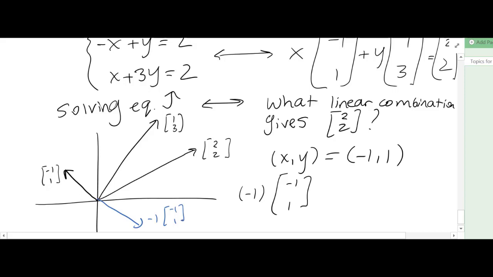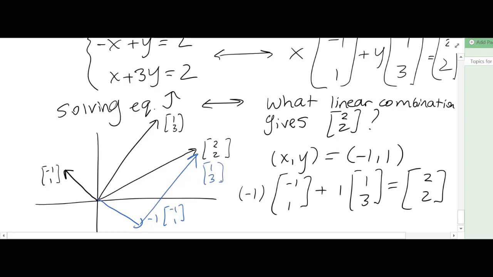And we can add to that 1 of the second column, to get 2, 2. So then we can add to that just the vector 1, 3. So I'll just shift it over here, 1, 3. And you can see that you add them together and it gives you this resultant vector 2, 2. So that's the column picture.